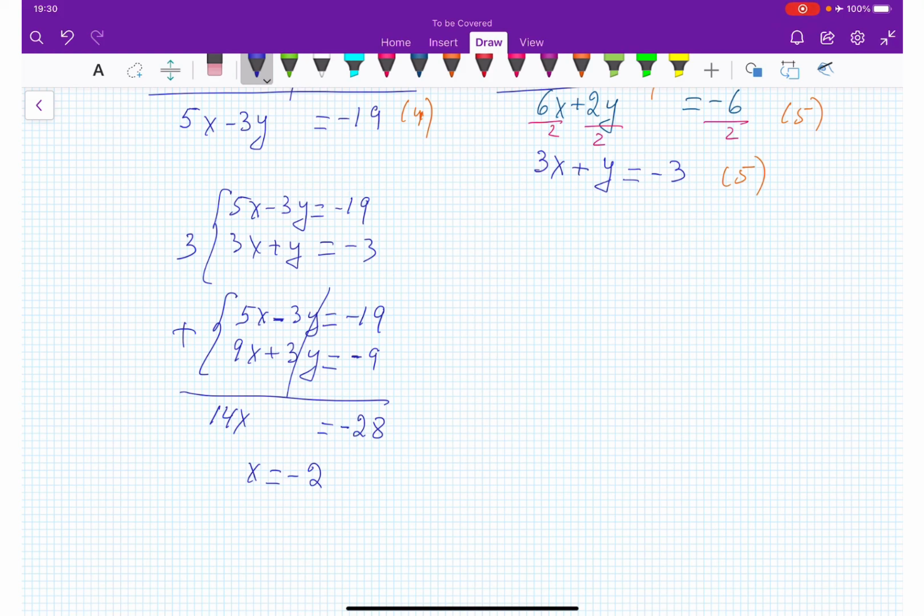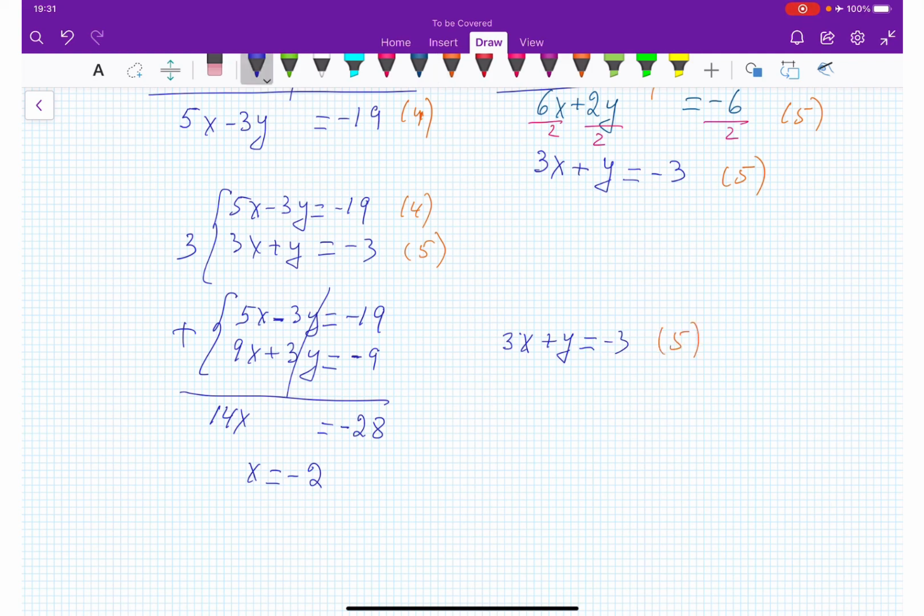Let me see where I'm going to plug, into 4 or 5. I would plug into 5 because y is by itself. It's easy to find out. So 3x plus y is equal negative 3, number 5.